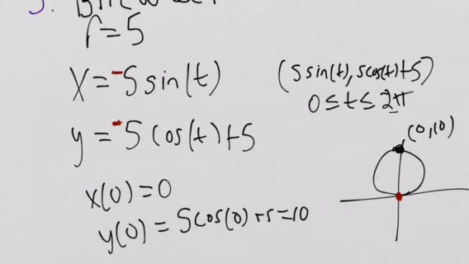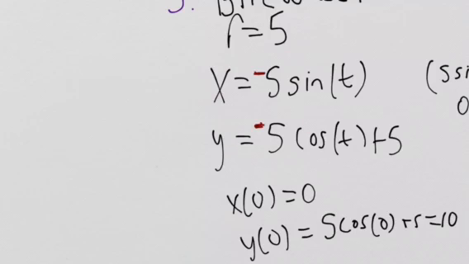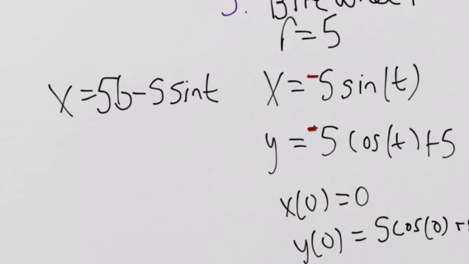So what we're going to do, let's come over here now. This is our bike wheel, but we want it to move now. So we're going to make x equal 5b, because it's a radius of 5, minus 5 sine t, and y is still negative 5 cosine t.